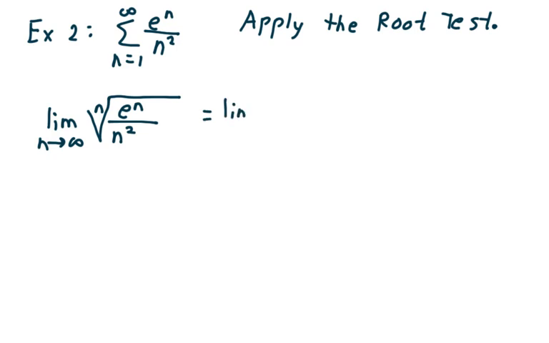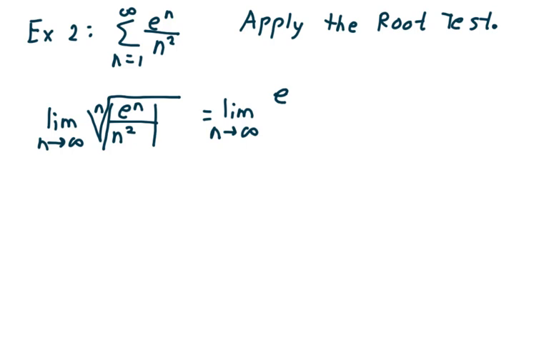But that's the limit as n goes to infinity of, now the nth root of e to the n is e. Now, if you don't mind, I don't have this in absolute value because you're summing up positive terms the whole time, right?